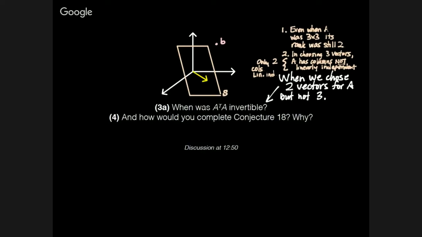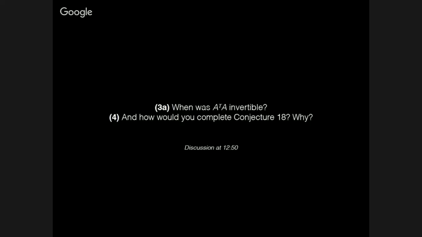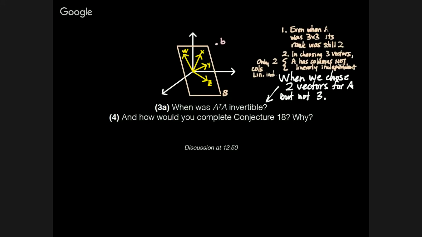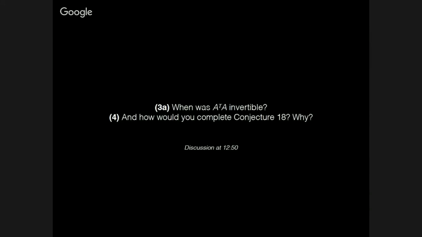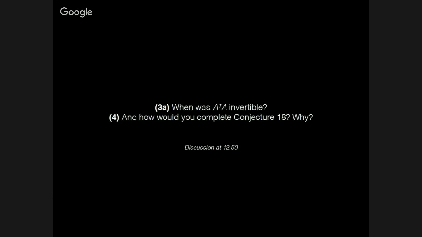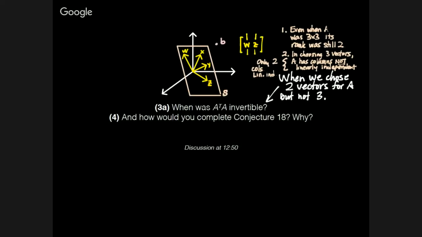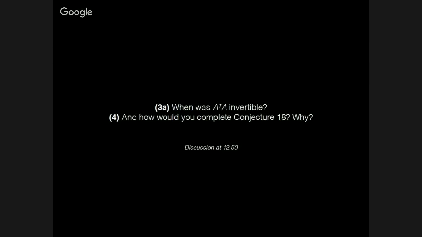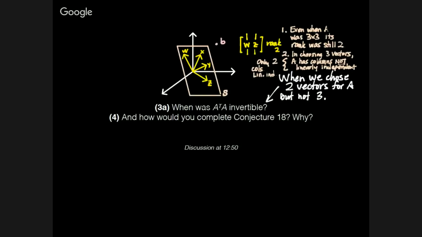So W, X, Y, and Z were all vectors lying in the same plane. This is a rough sketch; I'm not trying to be accurate with it. But W, X, Y, and Z all belong to the same plane. Therefore, if I choose 2 of them, let's say W and Z, and make a matrix out of them as columns, this matrix is going to have a rank of 2 because the set of vectors W and Z is linearly independent.